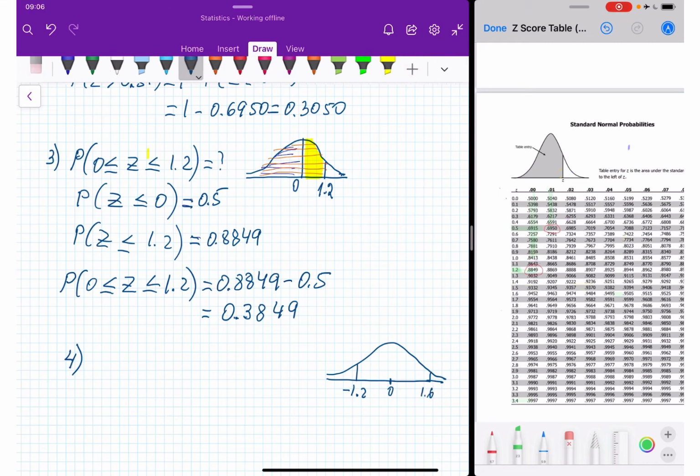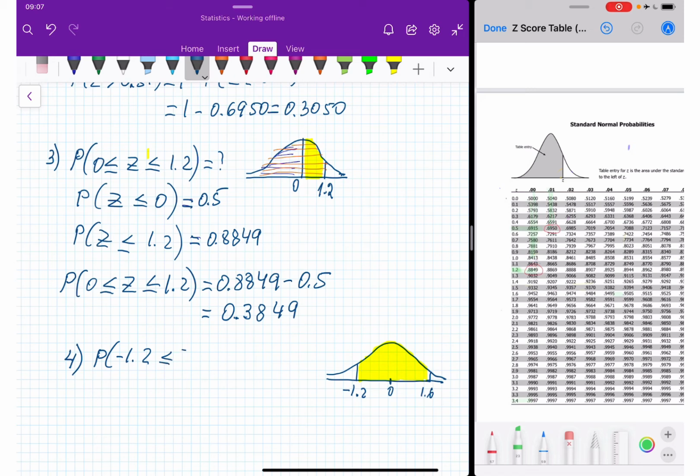So the shaded area is going to be, so what is going to be the probability negative 1.2 less than or equal to z-score less than or equal to 1.6.